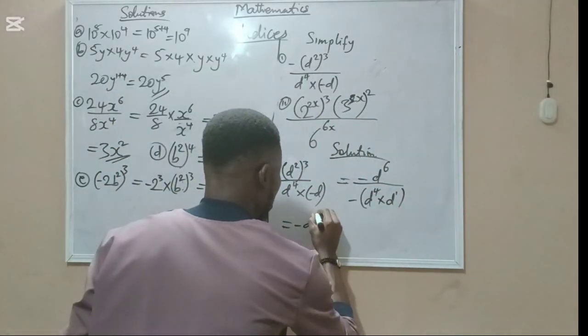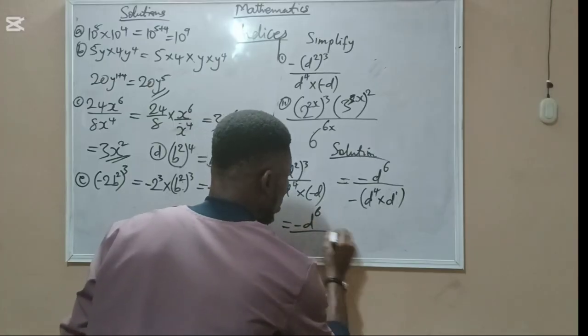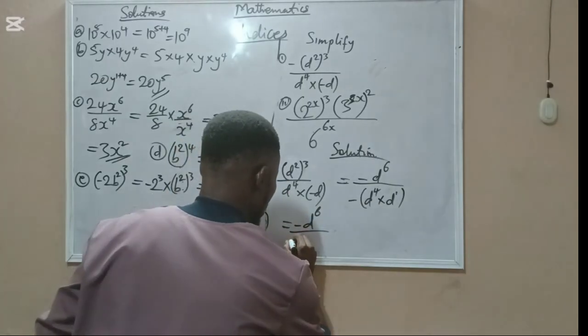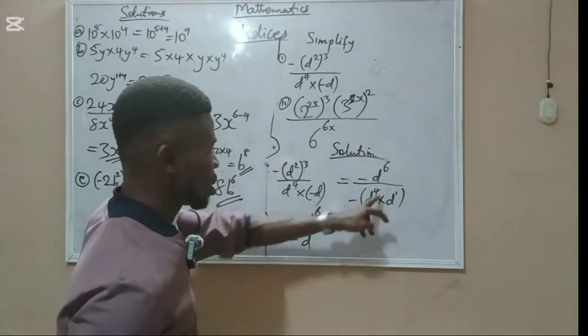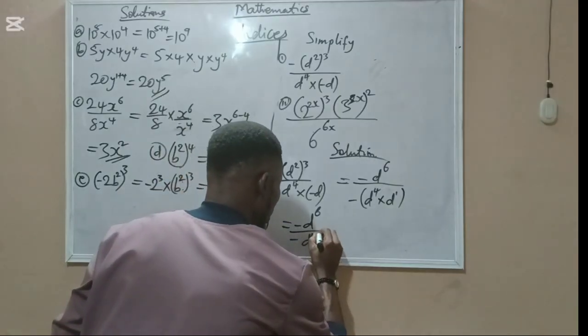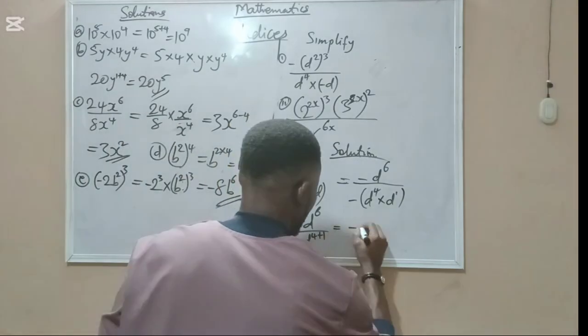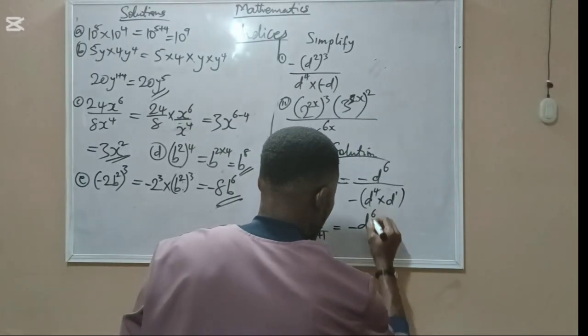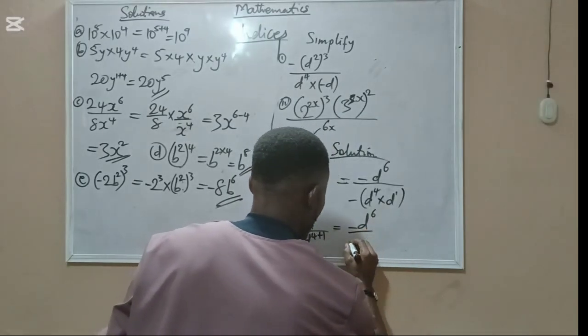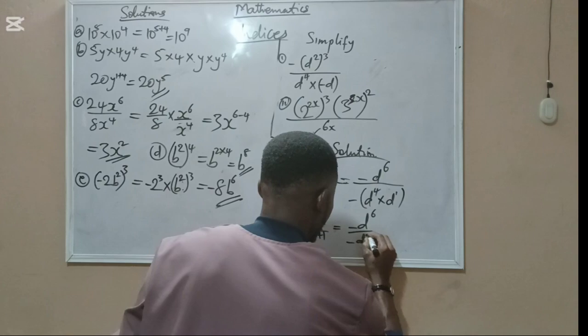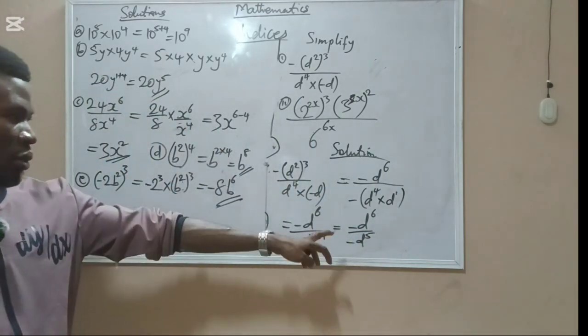Which is equal to minus d^6 all over minus d, and when we do d^4 plus 1, which is the same thing, minus d^6 all over minus d^5 here.